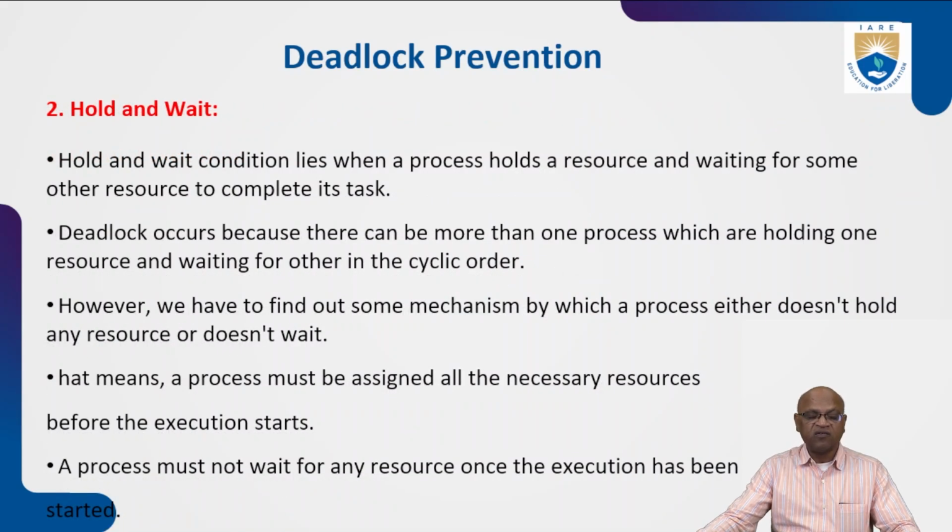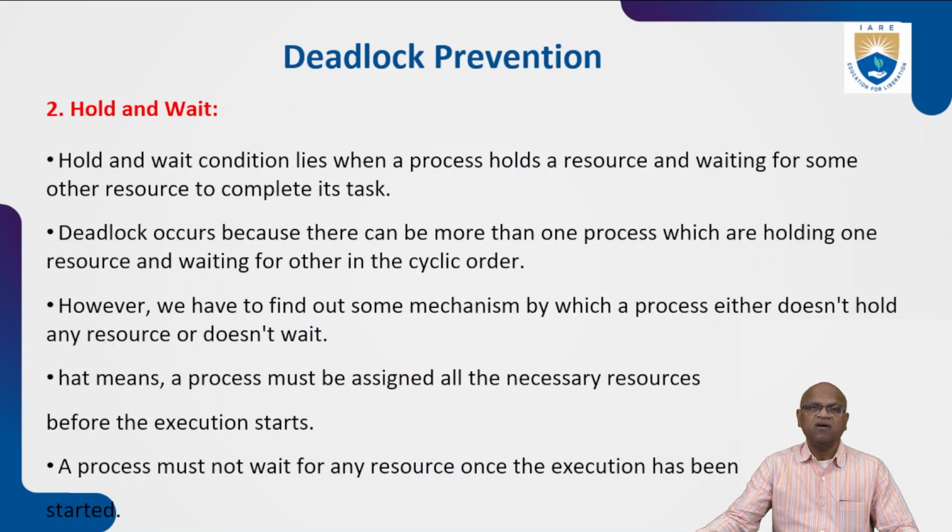So, deadlock prevention: hold and wait. The hold and wait condition arises when a process holds a resource and is waiting for some other resource to complete its task. Deadlock occurs because there can be more than one process which are holding one resource and waiting for another in cyclic order.